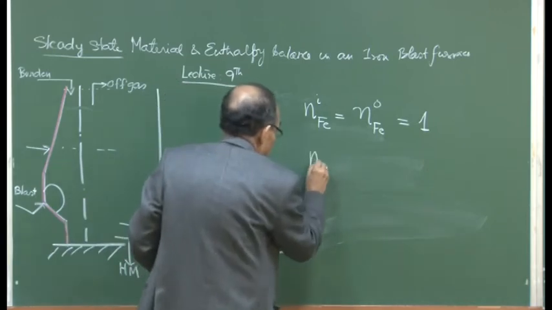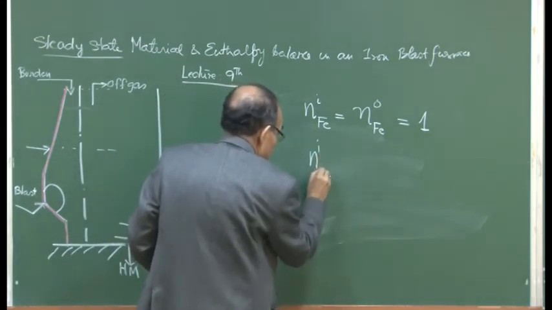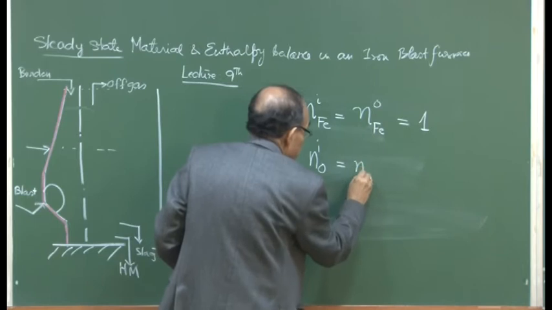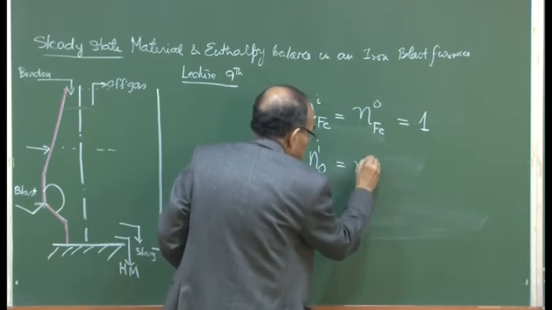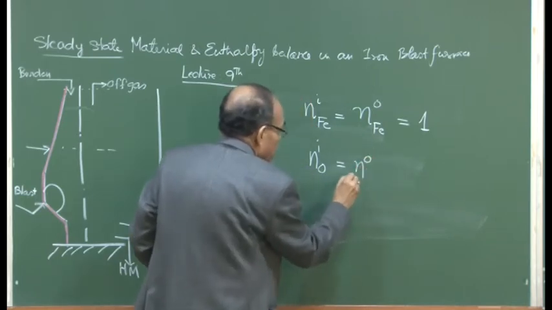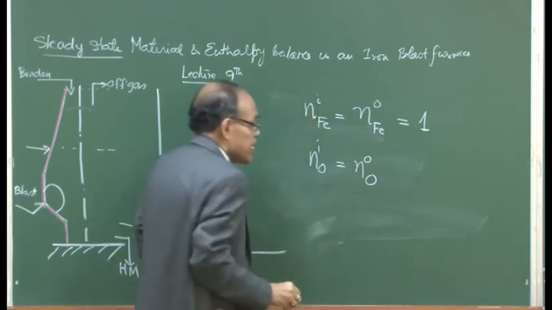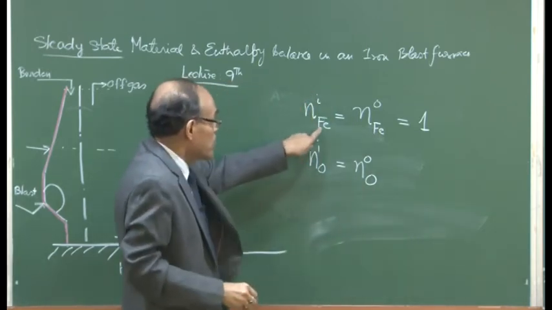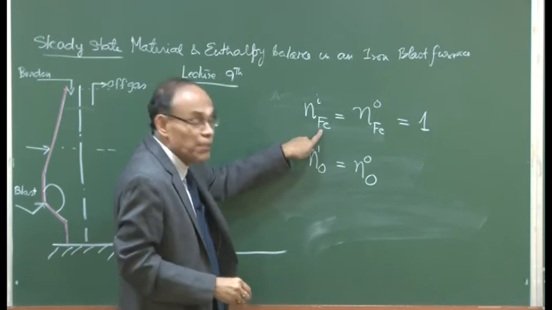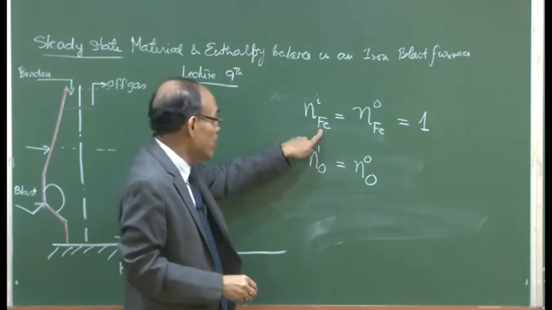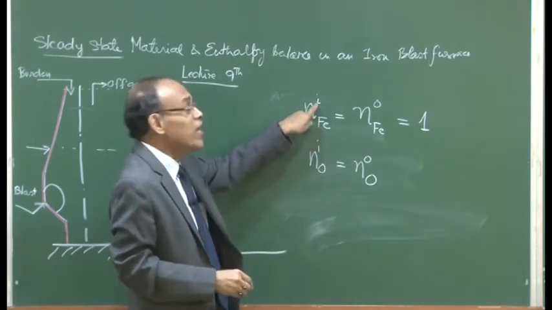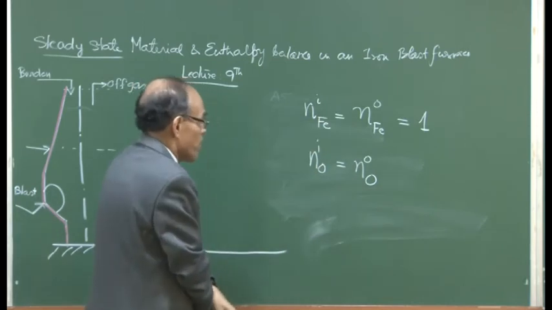Now N Fe, and now you say oxygen input is equal to oxygen output. So this is species, okay? The subscript is always the species, don't mix it, and the superscript is going to be the input and output notation, okay?